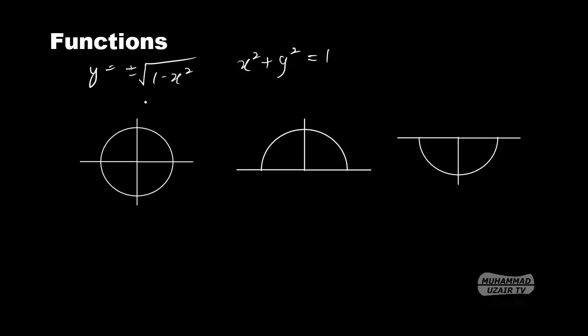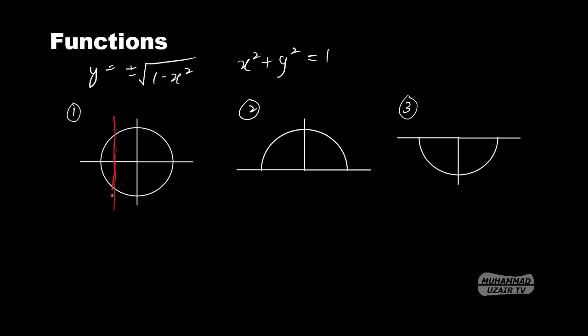So there are three different graphs: number 1, number 2 and number 3. In the first graph, you want to check if this is a graph of a function or not. Let's draw vertical lines to test it.